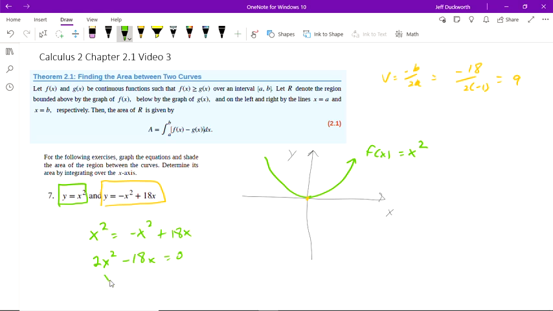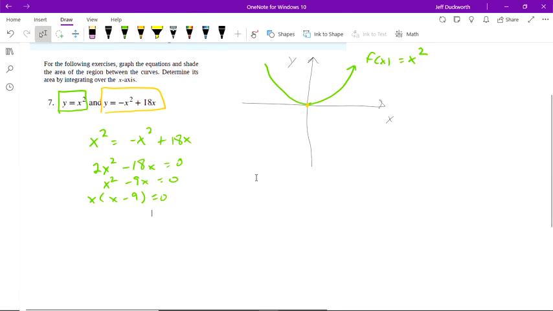So that gives us x squared minus 9x equals 0. And now we can factor out an x. And this gives us the fact that x equals 0 is a solution, and then x equals 9 is also a solution.